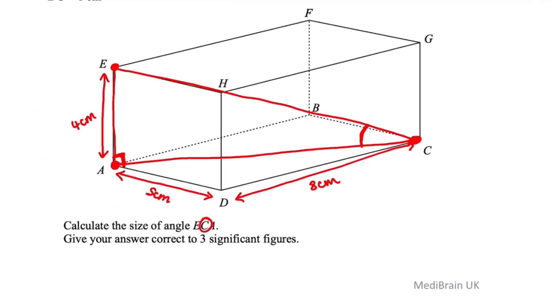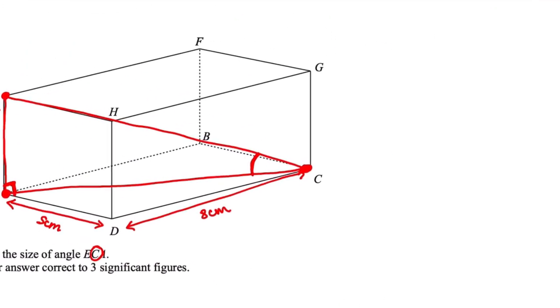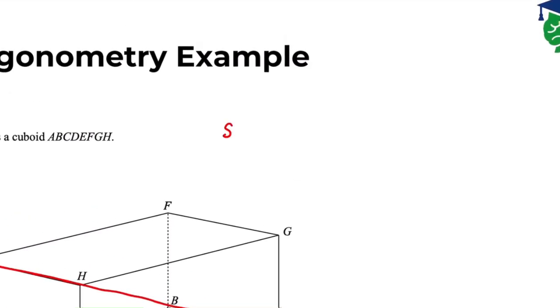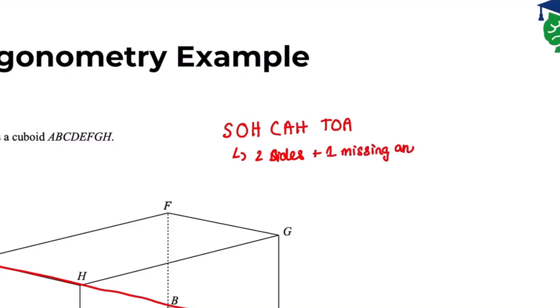In order to calculate an angle, remember when we're using SOHCAHTOA, what we looked at the start, you will need to know two sides and one missing angle. You will normally be involved with two sides and one missing angle, or you will be given one side, one angle, and then one missing side.